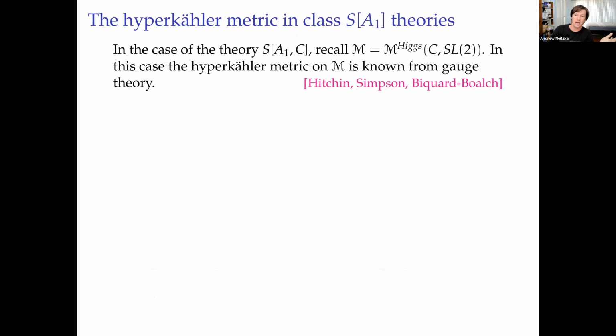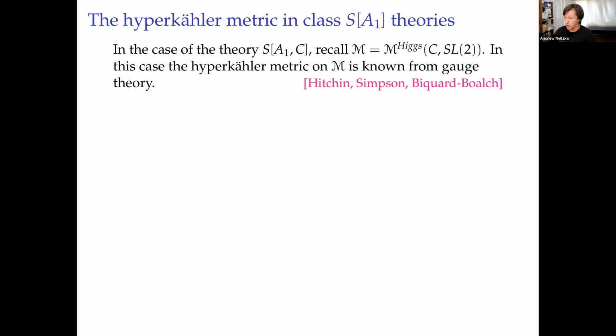Now, okay, so what is this hyperkähler structure in our running example? In that case, I said the space we're studying is the moduli space of Higgs bundles on the surface, and the statement that it has a hyperkähler metric is not a new statement from physics.